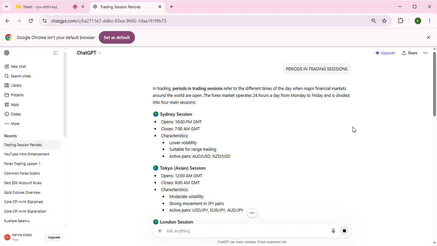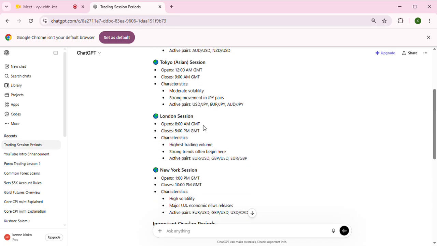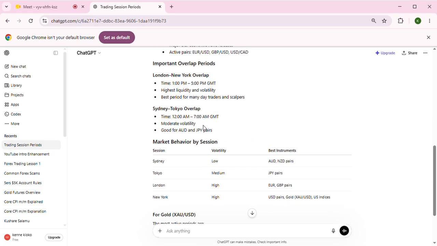It has given us the sessions we have already gone through. For those who are not from Kenya, this is the GMT time, so you can convert these times to your local time, so that you'll be aware of when certain sessions open and close.